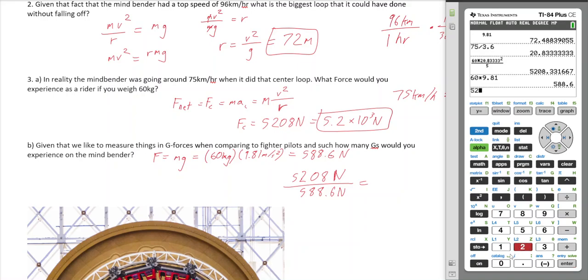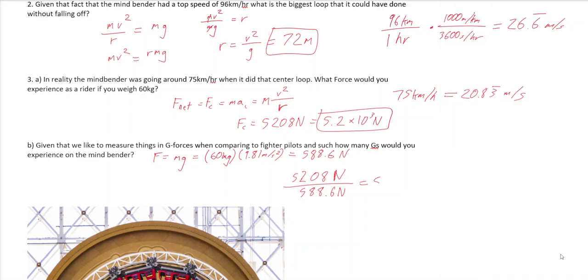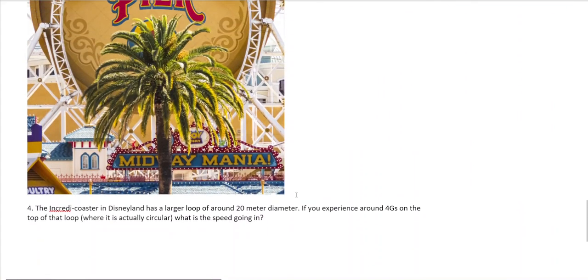So according to our math, which given this may be wrong, but you're experiencing 8.8 G's. I mean, it's possible. It was pretty crazy. Who knows, but it's possible. Okay, so that is somewhat realistic. I mean, it's a little bit high, but it is possible for a few seconds here.